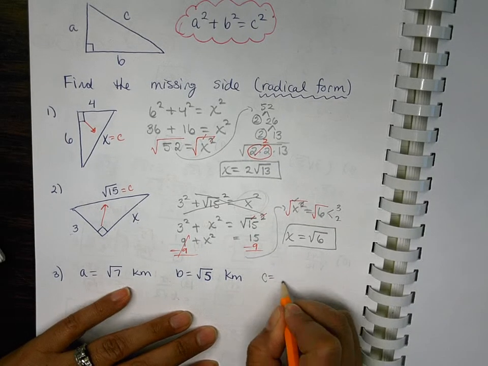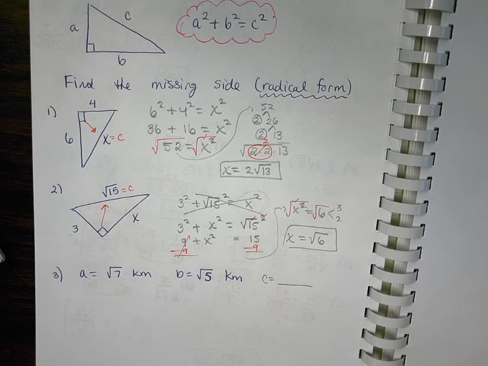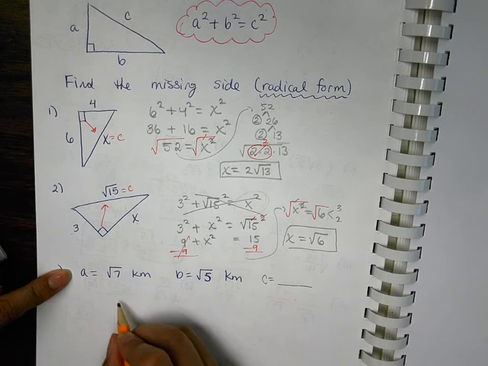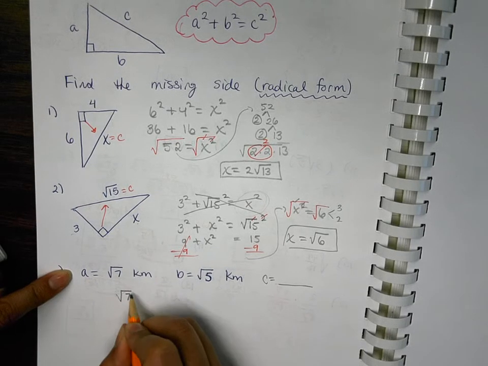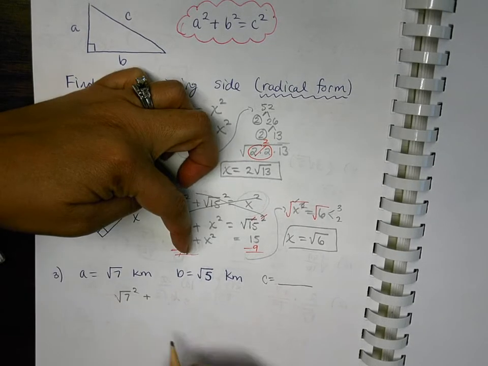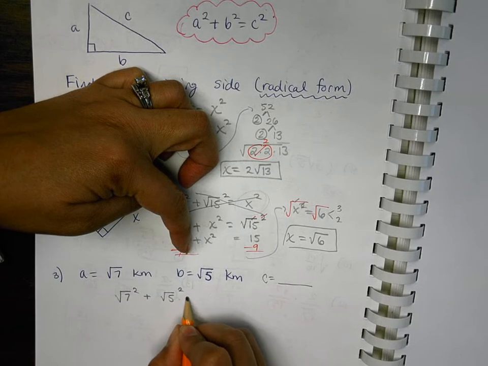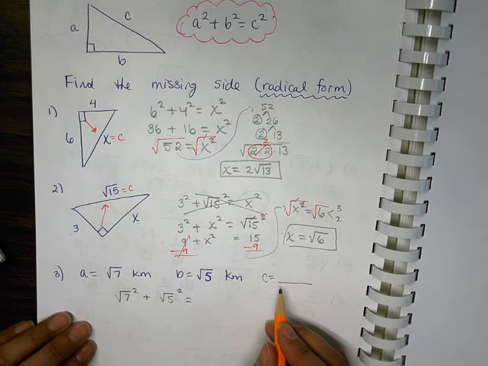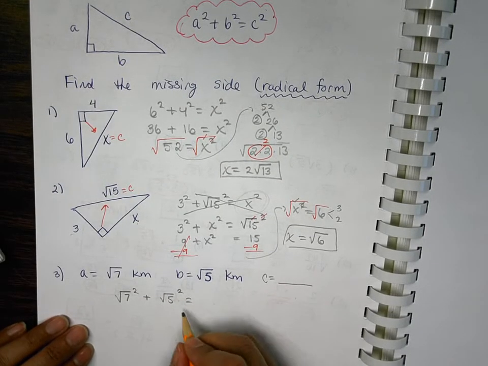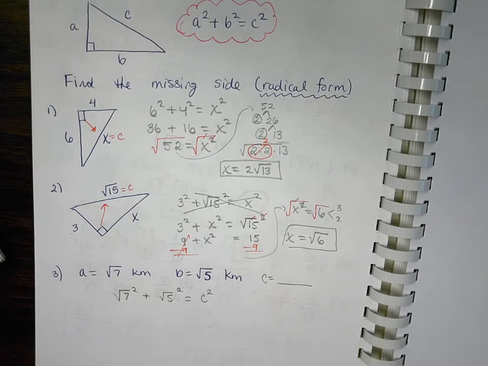So A squared plus B squared equals C squared. Root 7 squared plus root 5 squared equals, since they didn't give us a letter, could you just call it C squared? Sure you can.